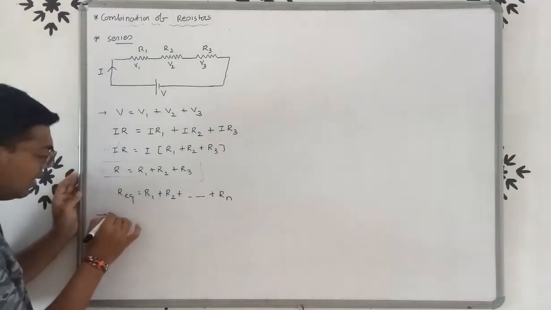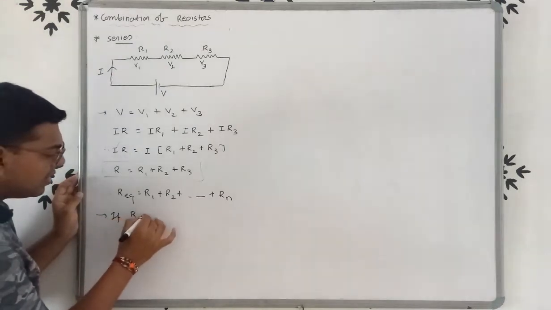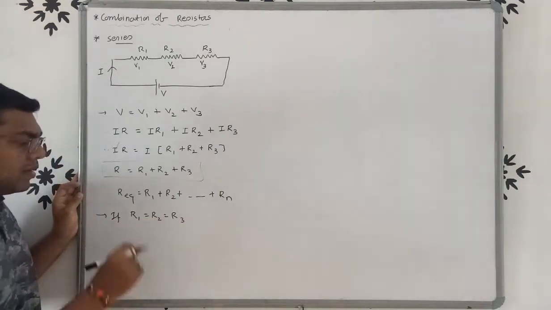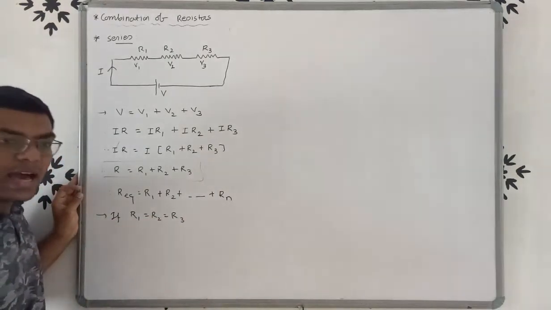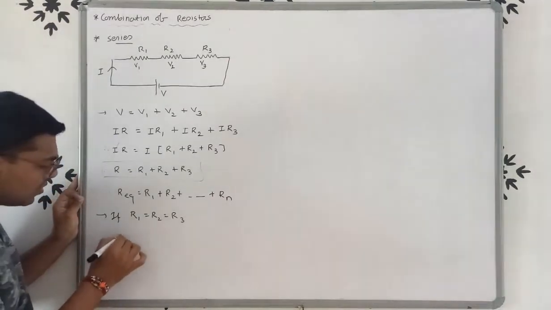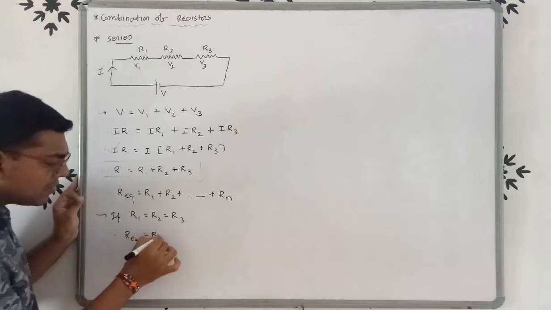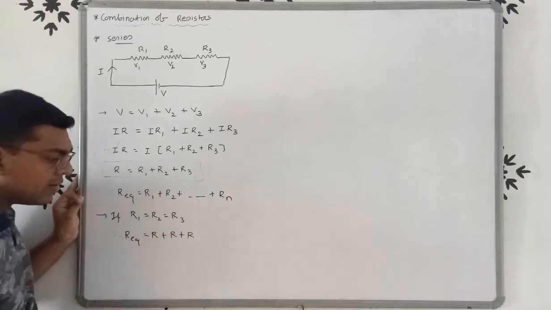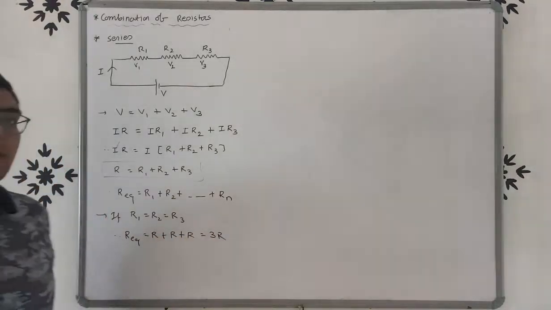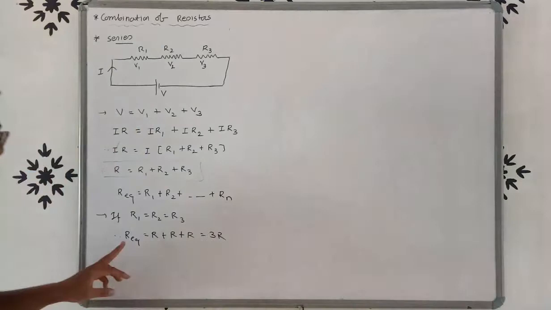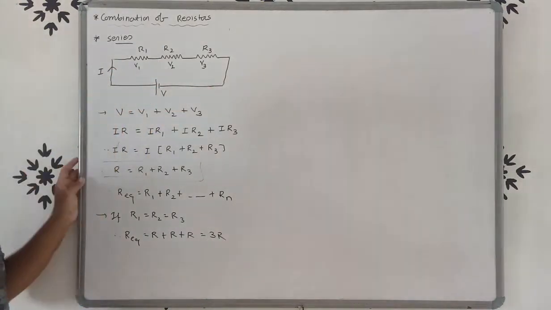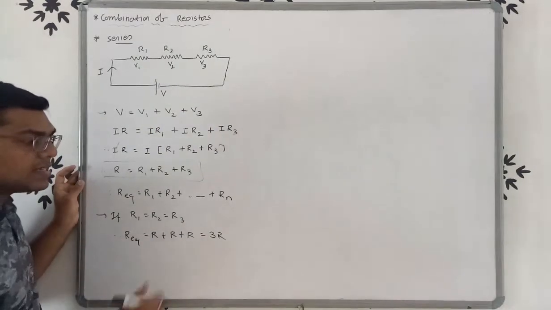Now if R1 equals R2 equals R3, that is, if the resistances are the same, then the equivalent resistance is R plus R plus R, so 3R. For a series combination of three equal resistors, the equivalent resistance is 3R.